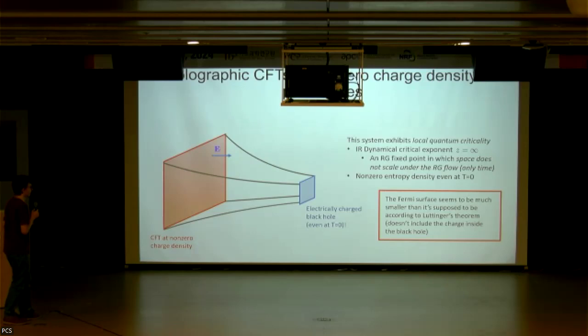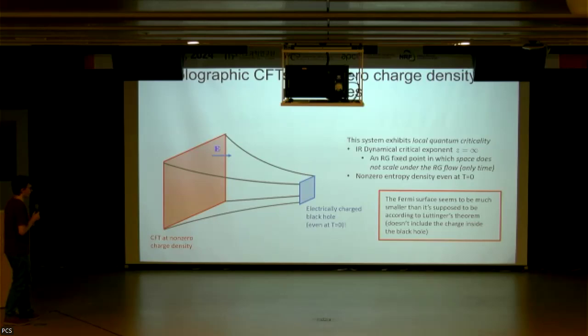There are a lot of pathologies associated with that. You have this local quantum criticality where the dynamical critical exponent is infinity, so this space doesn't scale under the RG flow. There's also non-zero entropy density. These are probably not things you expect to happen in physically reasonable models of metals.